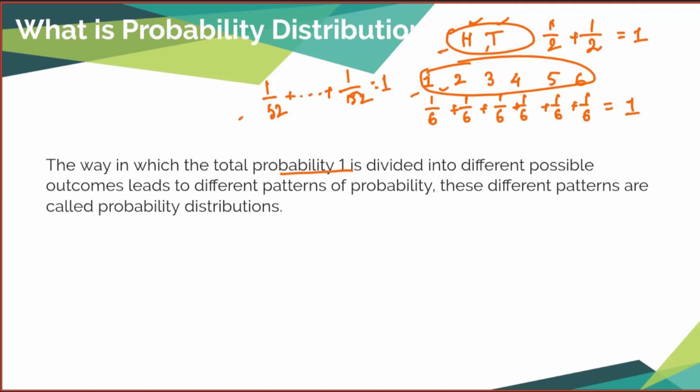That means in real life outcomes are not necessarily equally likely. And if you add all the probabilities of the possible outcomes, you must get 1. How you divide this 1 leads to different types of probability distributions.